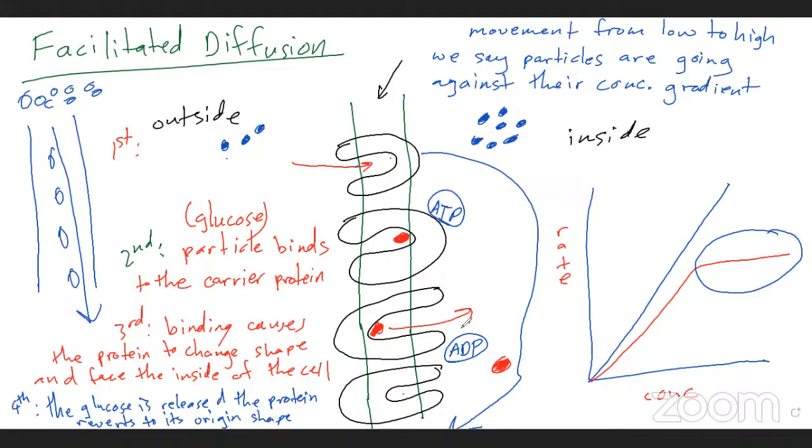When we say energy is used up, or we get energy from ATP, in this process ATP binds to the protein, and in the process it will be converted to ADP. So it's the same mechanism, just that this one needs ATP, and you put fewer molecules where you're moving it from. They're showing from out to in, few on the outside and more on the inside, to show that you are moving it from low to high.